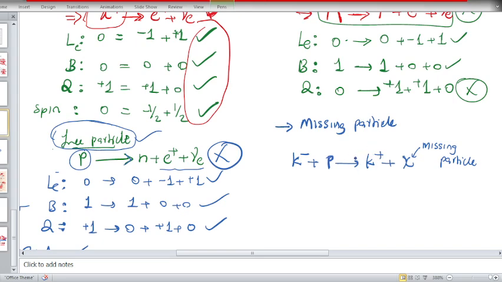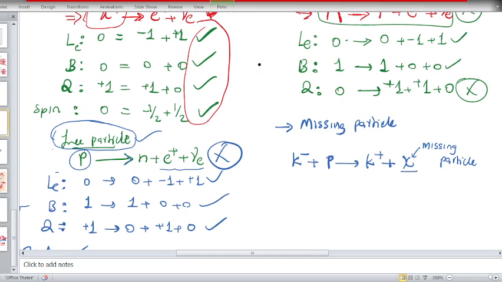So we don't have to check the conservation laws here. It is given that this particular interaction is possible or probable, which means all those conservation laws are obeyed. In that scenario, what will be the missing particle X? Then you check charge conservation.